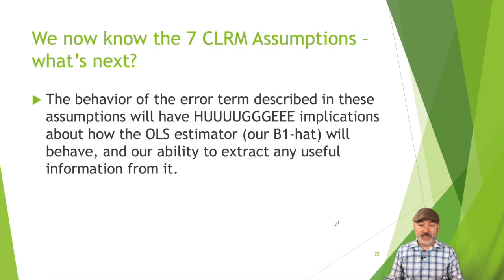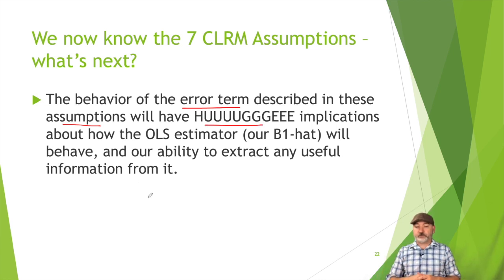So what comes next? This little story that we've been telling, the behavior of the error term described in these assumptions, right, is going to have a huge impact on how the OLS estimator, the B1 hat estimation, will behave.